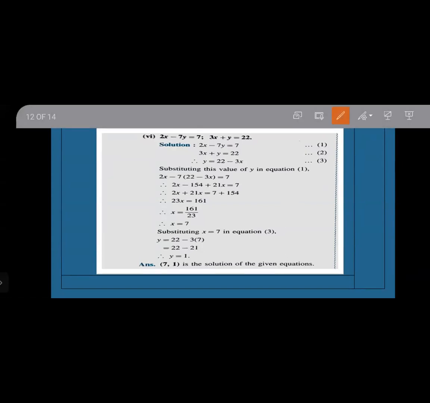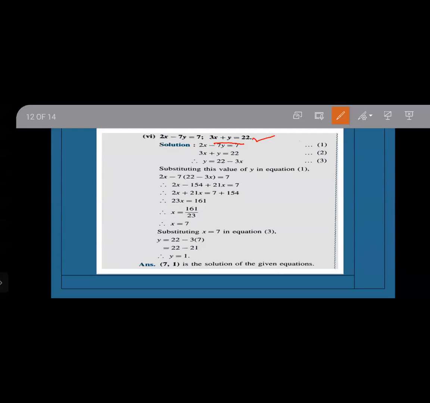Equation 1 is 2x minus 7y equals 7. In equation 2, the coefficient of y is the lowest one. So here you can take the second equation, that is y equals 22 minus 3x. Now why am I telling you to take the lowest coefficient?